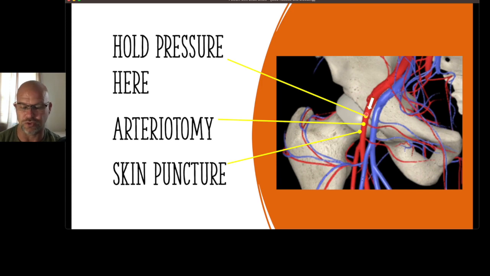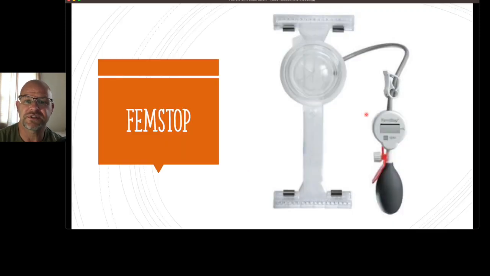You have good control. Fem stop is kind of the ultimate stopping for that, short of going to surgery or vascular surgery for that site. But a fem stop has a star area in the plastic that goes over top of the arteriotomy site, just a little bit north of that, so it can hold pressure, like we talked about where you want to hold pressure. This has a strap that will go around the waist and will come back up through these areas.